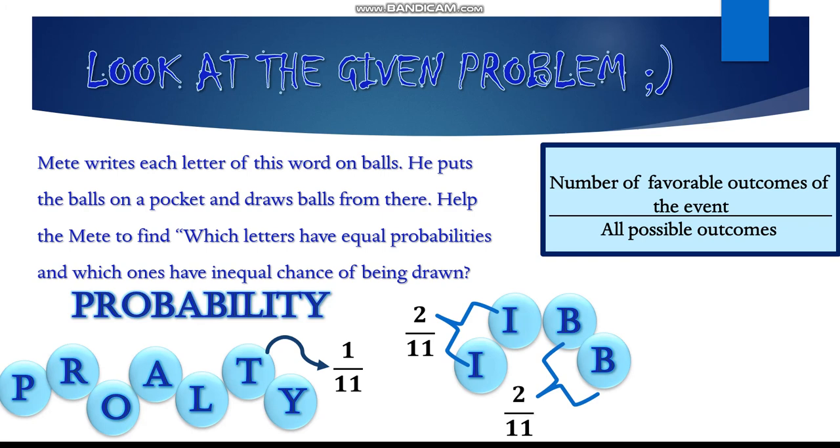So we can say that the letters I and B have equal probabilities, and also the letters P, R, O, A, L, T, Y have equal probabilities. But for example, T and B do not have an equal chance, because B has more chance of being drawn. Yes, I think that you get it.